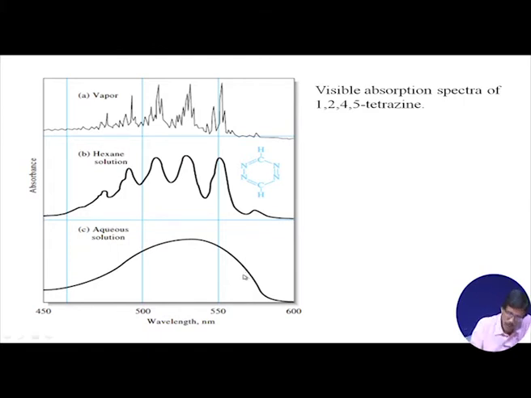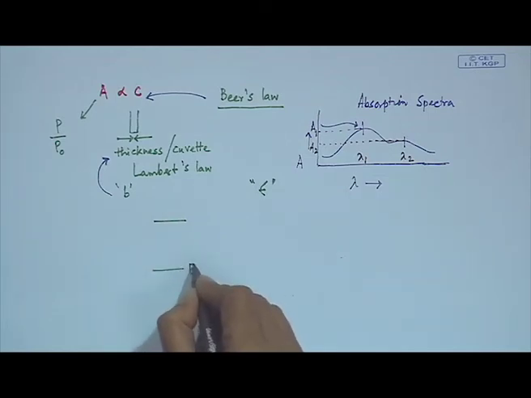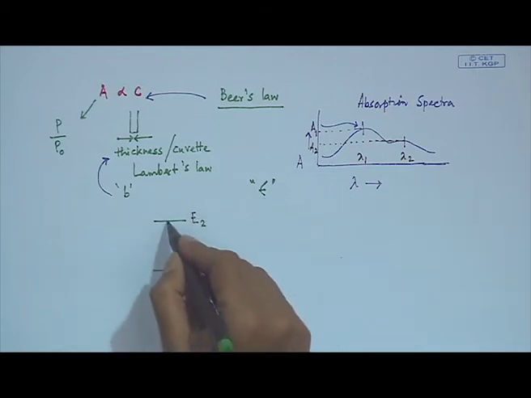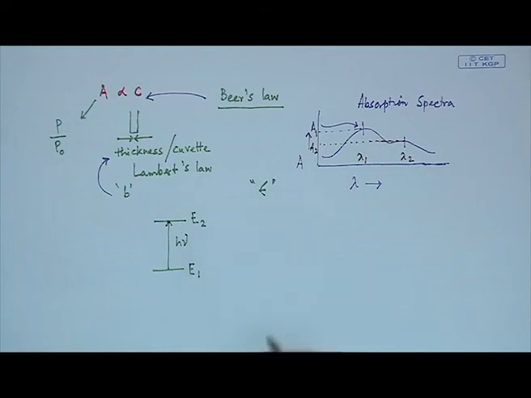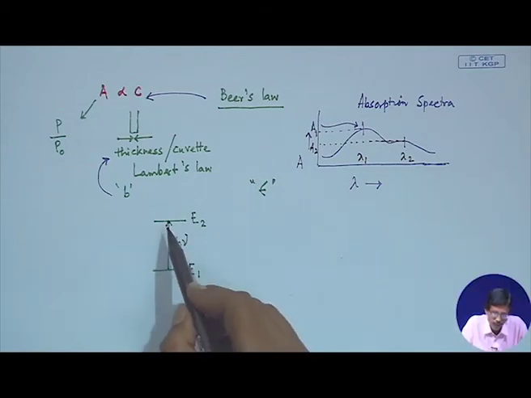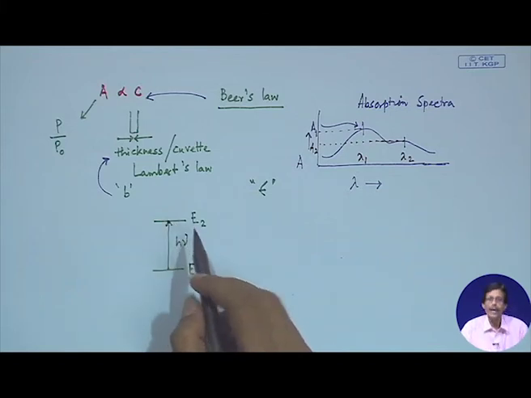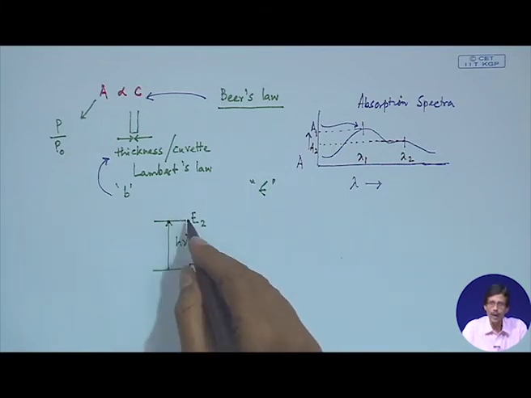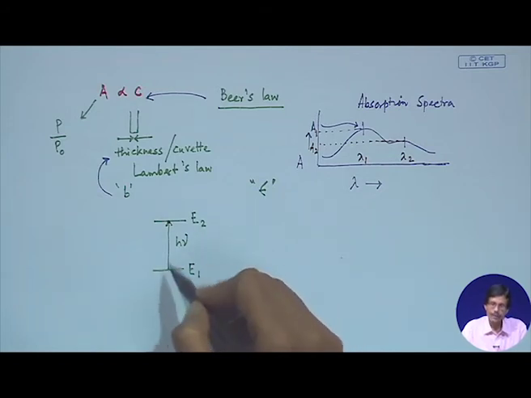So, if we have two electronic states, one is the ground state which we consider as E1 and the second one is E2, then due to the absorption of visible or UV light, the electronic distribution is changed such that you can promote the electron from this level to that level, or any other electron involved in bonding can be promoted from one level to the other, such that the orientation in the molecule is changed.